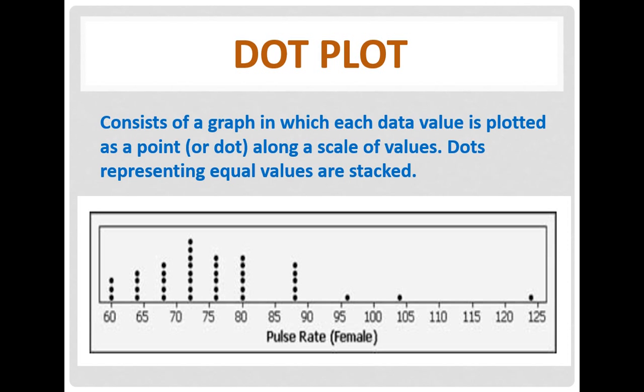You don't have the exact number, but it's close enough. That's what I think of the dot plot. You may lose a little bit of what the exact numbers are, but to me it represents your data better than a histogram in terms of what each value is, okay? All right, so dot plot. You need to know how to do that one.